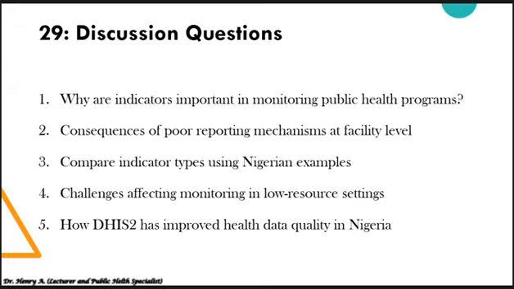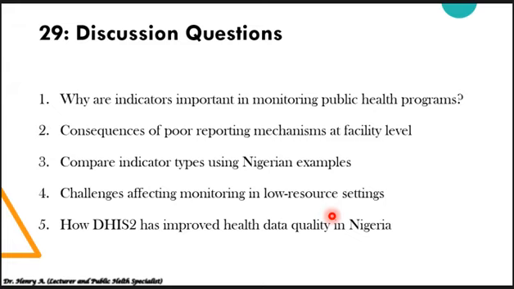So when your reporting is poor, we will miss that information in the monthly reports. The feedback will not come when it ought to come. And the corrective measures will be ineffective because they are not taking into cognizance all the information that was required to take the right decision in the first place. So those are the consequences of poor reporting mechanisms at facility level.